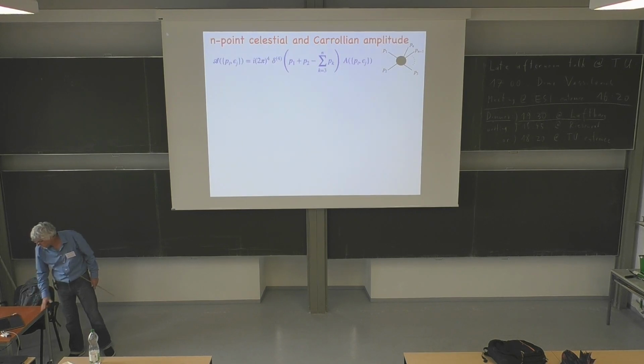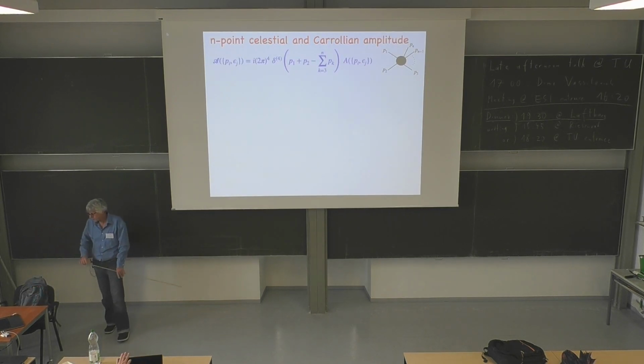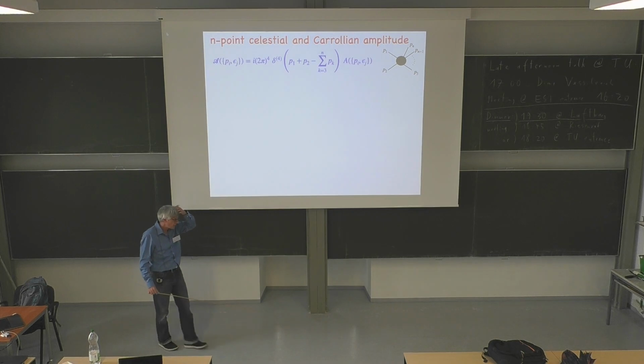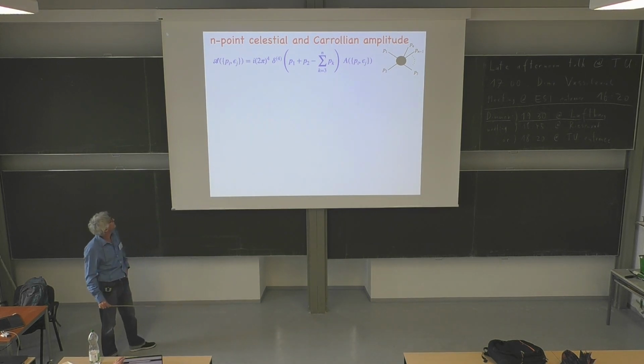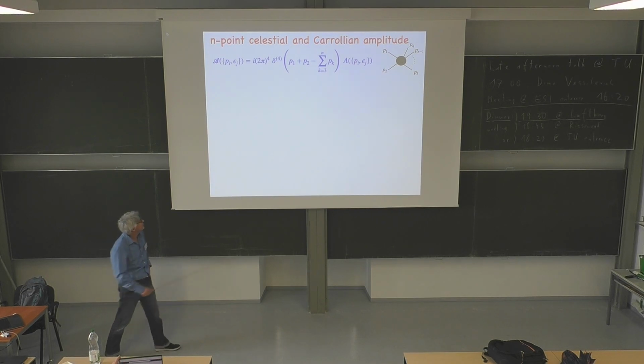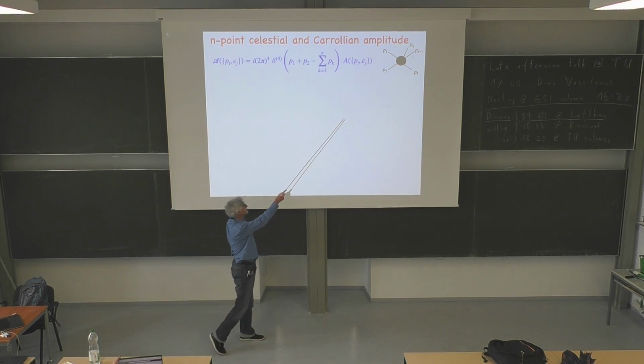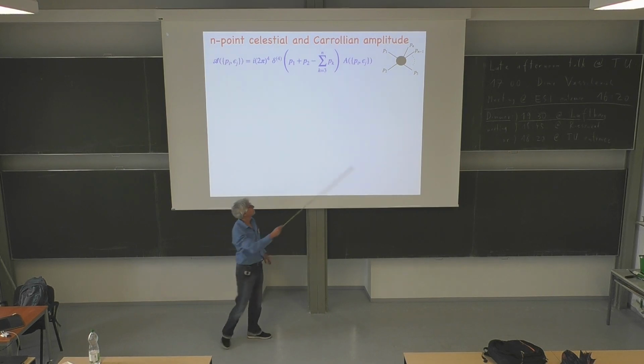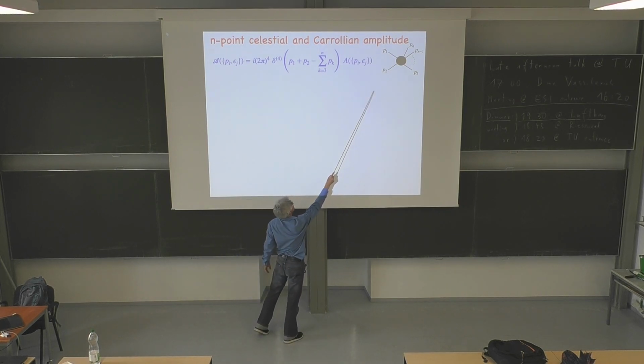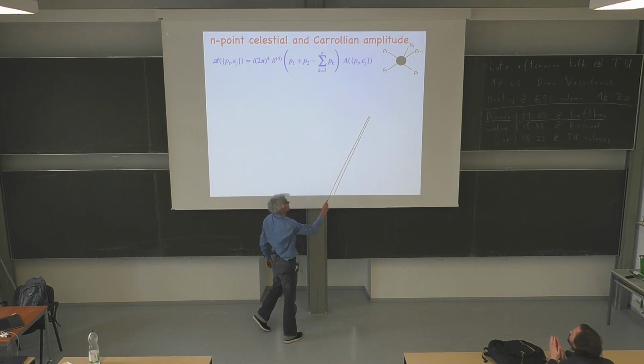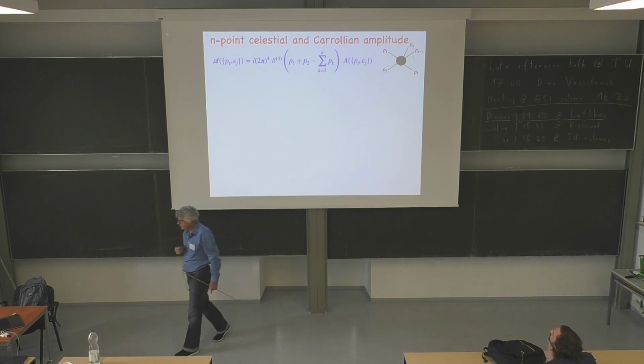Now I'm interested in amplitudes because, as you may know, I come from the amplitudes community, and so I feel very comfortable when I see amplitudes. So an amplitude is where you scatter particles with external momenta. So this is a 2 to n scattering: you scatter 2 particles of momenta P1 and P2 into n minus 2 particles.